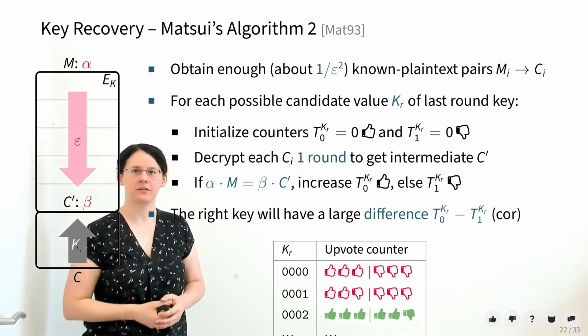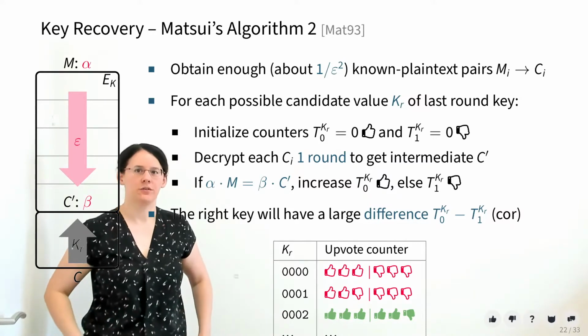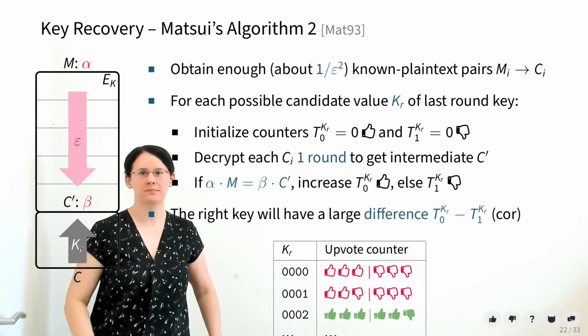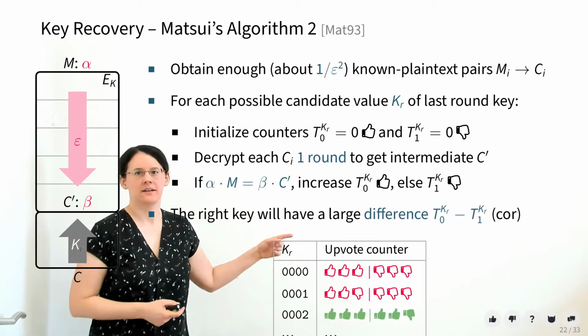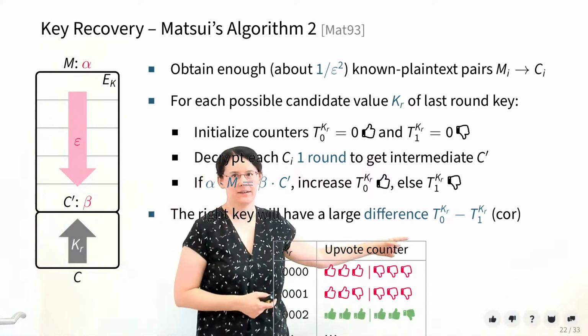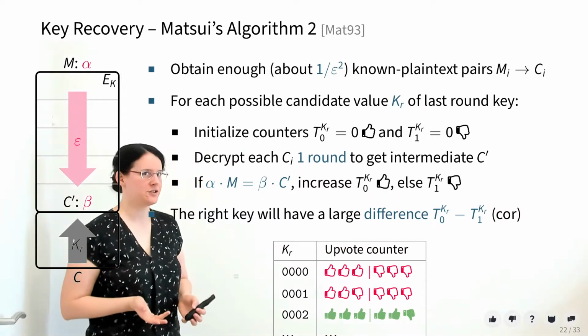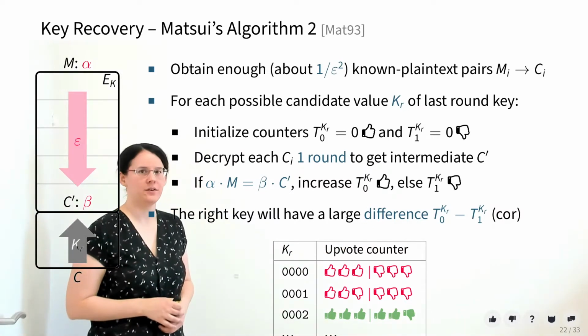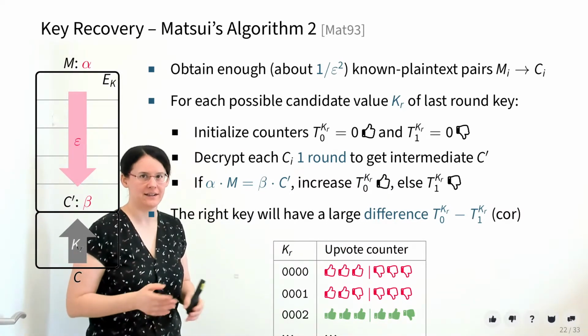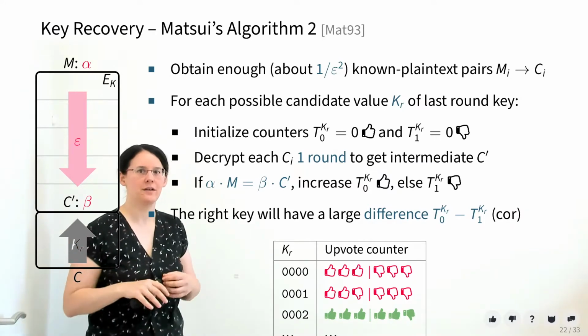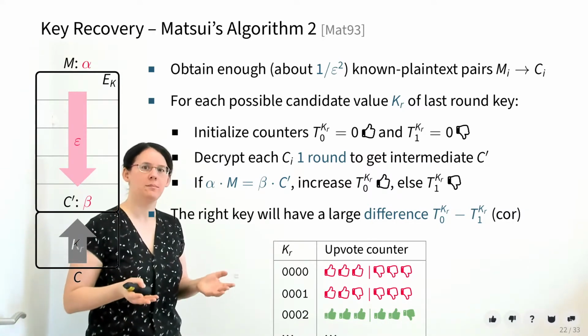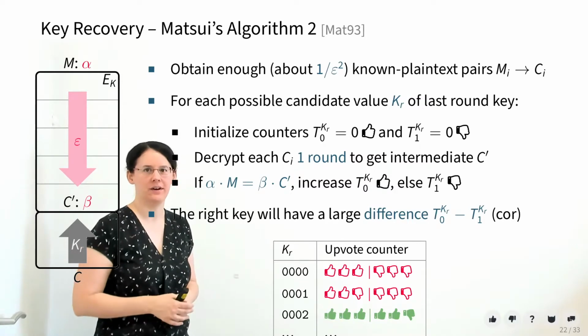Now what do I expect for the right key? For the right key candidate, what I do expect is that my evaluations here, my experiments, will essentially replicate the behavior of the equation and the bias that I expect. So I expect this data to have the right bias, which is a big bias. That's how we chose our correlation.